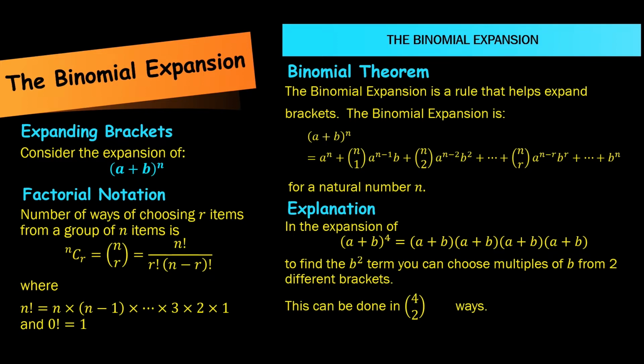This can be done in 4 choose 2 ways, as shown. And this is of course equal to 6 ways. Therefore, the b squared term is 6a squared b squared.